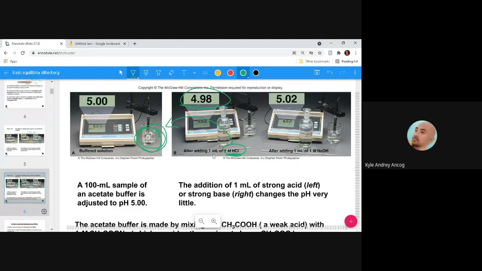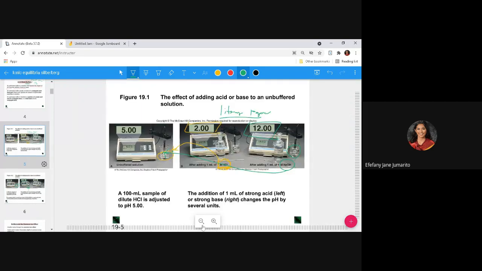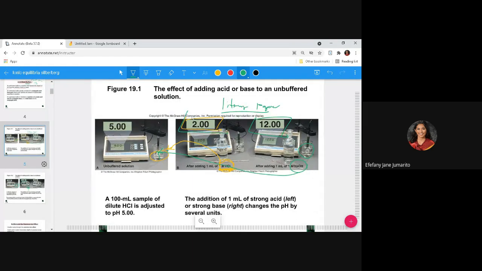It decreased, ma'am. Yes, it decreased because this HCl is a strong acid. So, of course, we can assume it will decrease since you added a strong acid. Just like before, the pH decreased to 2.0.